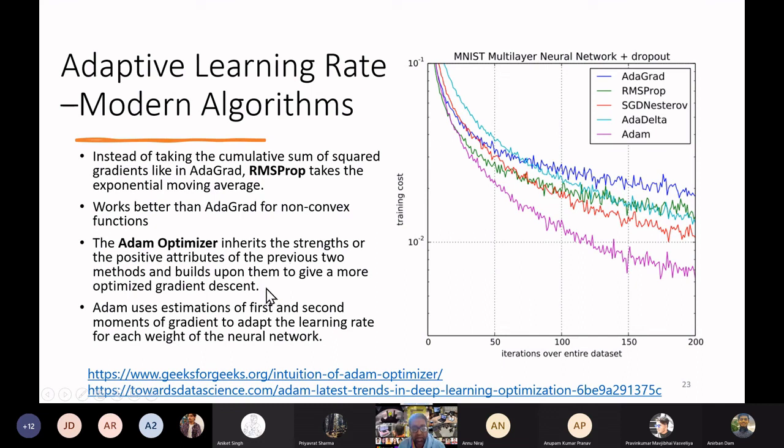Please note that both RMSProp and Adam optimizer can be used with stochastic gradient descent with either the naive momentum that we discussed or with the Nesterov momentum. You can follow these hyperlinks, and of course the book on deep learning by Ian Goodfellow, for a more detailed description of the algorithms.